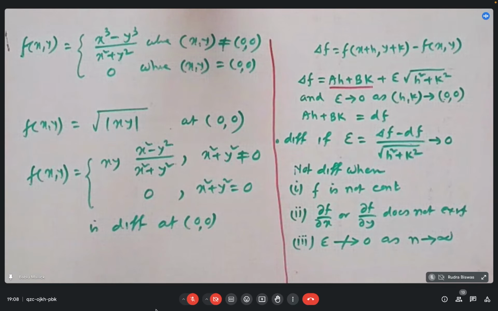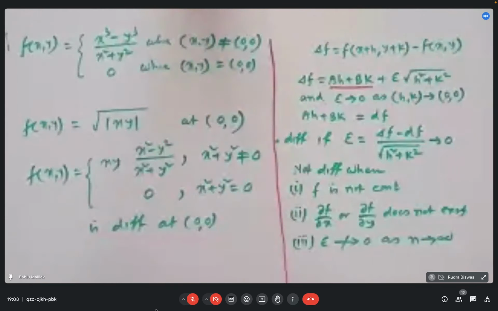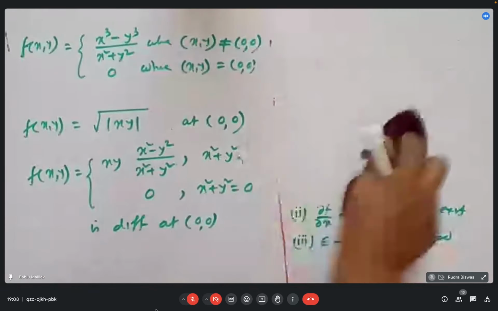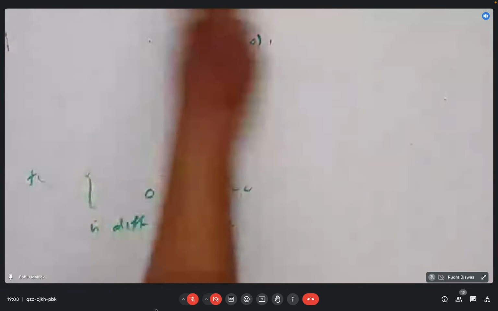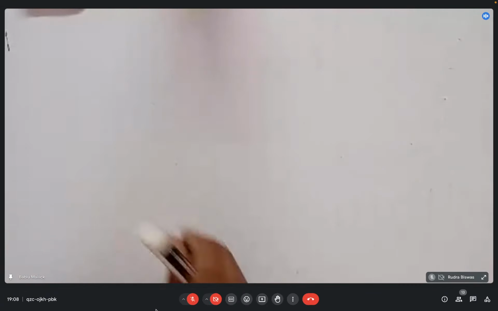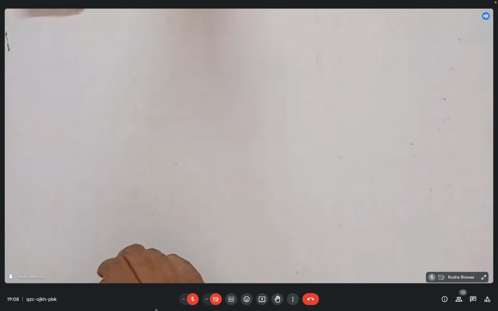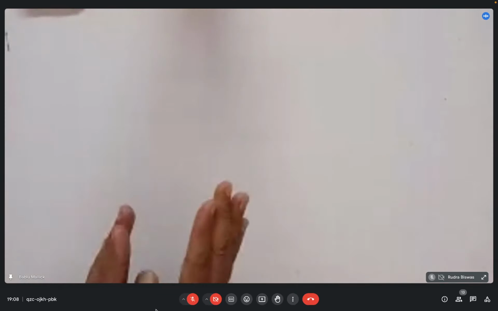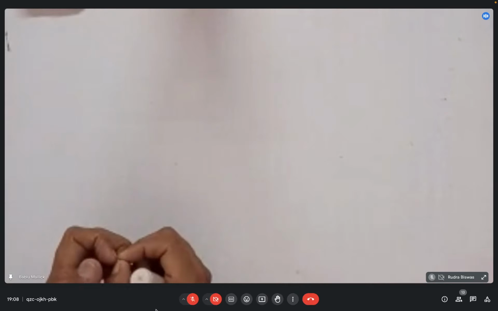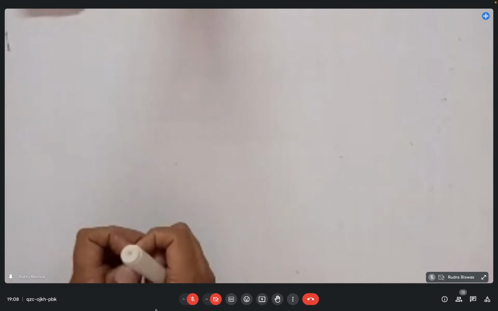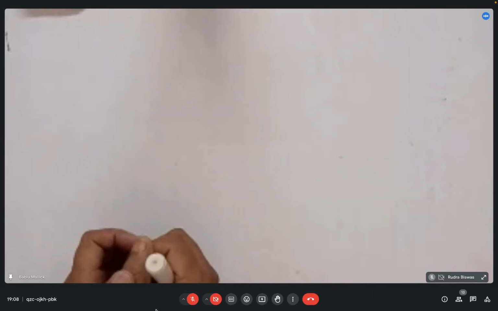Next, write: maximum or minimum for function of two variables. We shall find maximum or minimum. Here I shall do almost the same process which we have done for one variable.